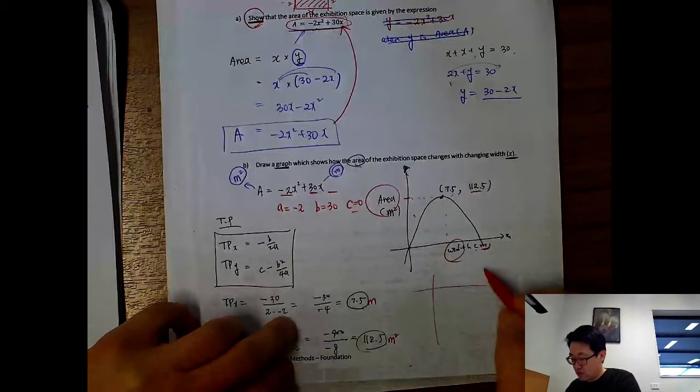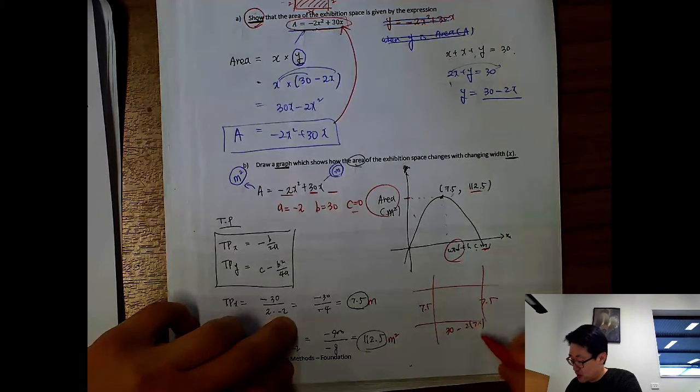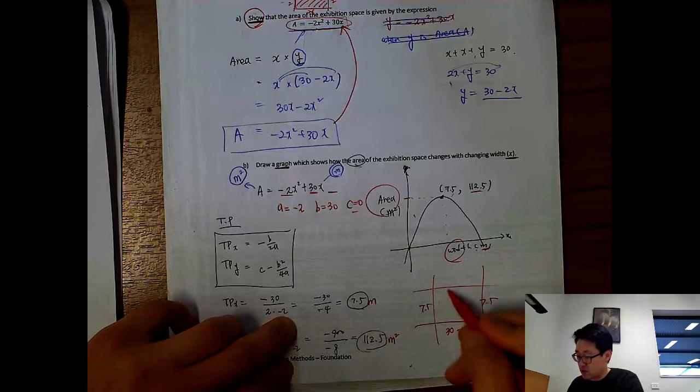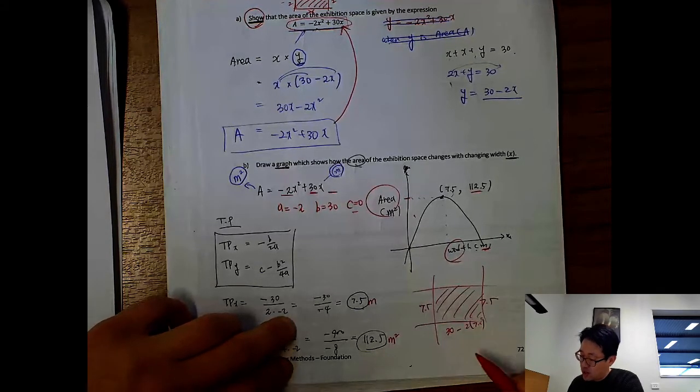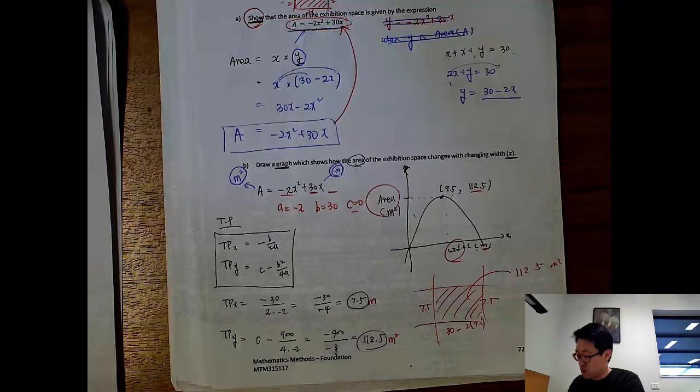So that probably looks like this: 7.5, 7.5, and 30 minus 2 of 7.5, and you will get something. And that area becomes maximum, which is 112.5 meter square. Just quick interpreting out of it.